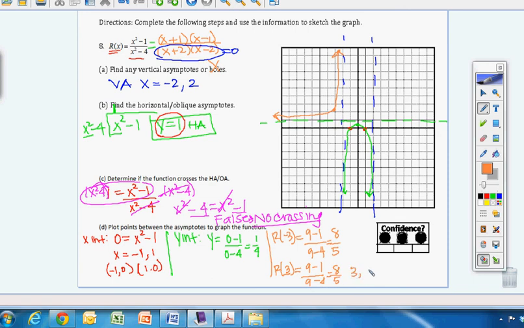So again, if we want to look at the points, it's (3, 8/5), (-3, 8/5). So here's my positive 1, 2, 3, and I'm back up again a little bit over 2. And there's no crossing, so I've got to get close, go through, get close. And there's my final graph.